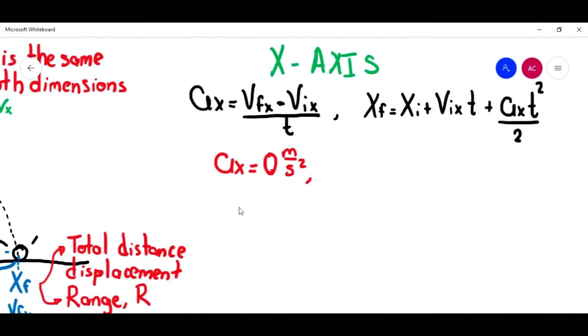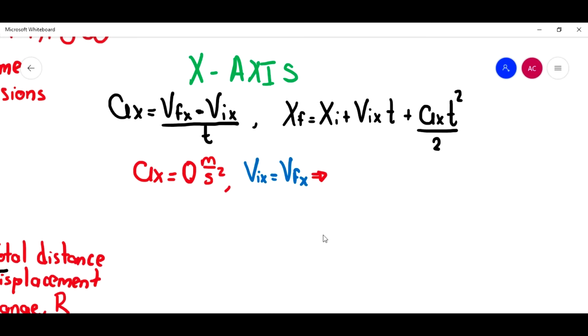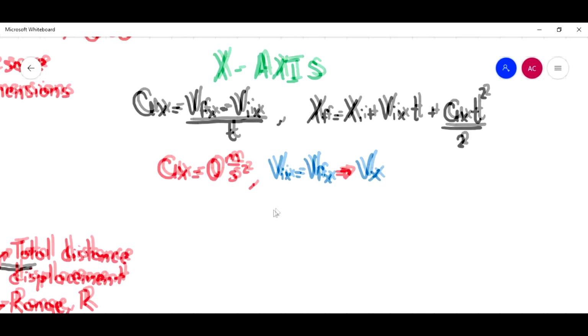So if that's the case, that means that the initial velocity in x equals the final velocity in x. There is no difference if I write initial or final. They are the same, so I'm just going to write velocity in x.